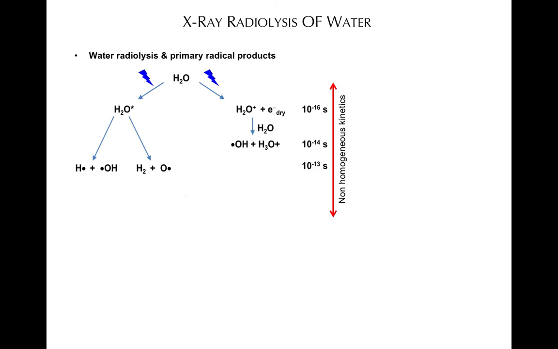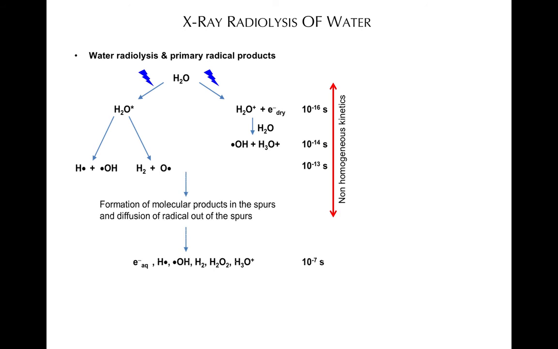Now, radiolysis of water is fairly complicated. A water molecule can absorb an X-ray photon and go to an excited state or eject an electron completely, and in either case, radical products will be generated on a very fast time scale. These products will recombine with each other and with water to form a steady state concentration of hydroxyl radical and some other products.